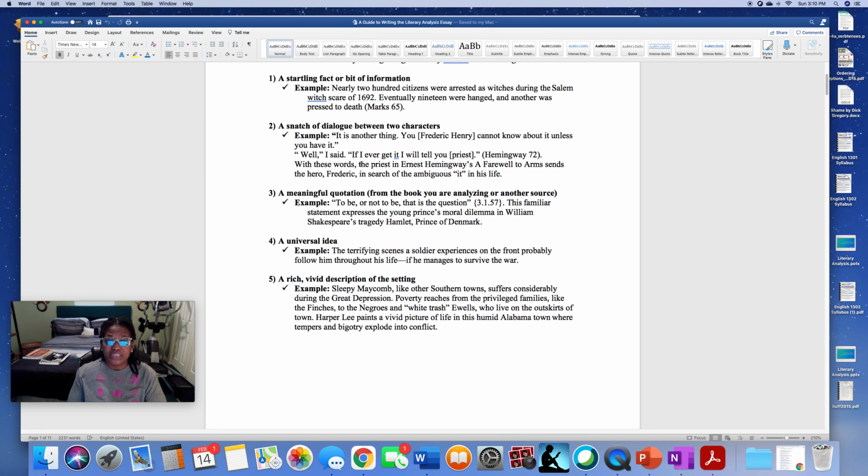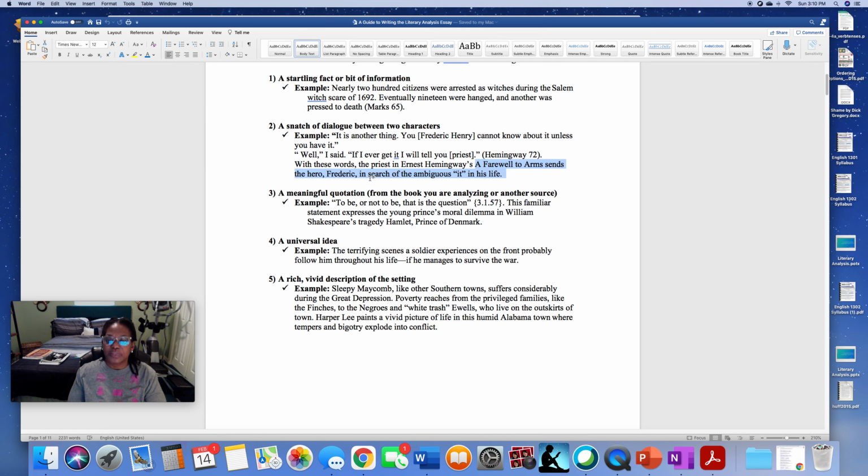If you look at this example here, immediately after this quote from the story, which is also cited. If you're going to use a quote from the story in your intro, make sure you cite the story. But immediately after that quote, the writer introduces the author's name and the title of the story.